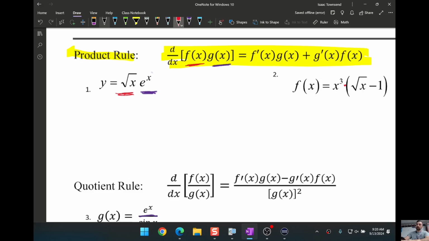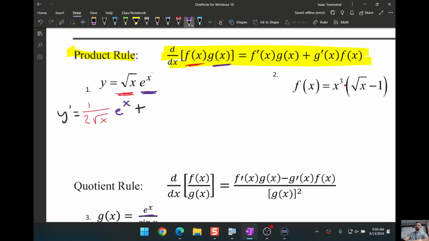So if I wanted to go from y to y prime, I'm going to take the derivative of the square root of x. Now I'm going to go pretty quickly on the power rule stuff. I know that you're not quite up to speed at this speed, but just for focus sake. So the derivative of the square root of x, I would bring the power down and lower the power by 1 and get that, times the second part left alone, and then plus, and now we're going to do it the other order.